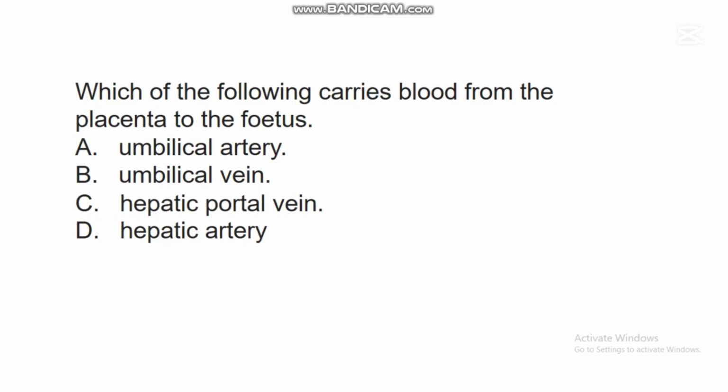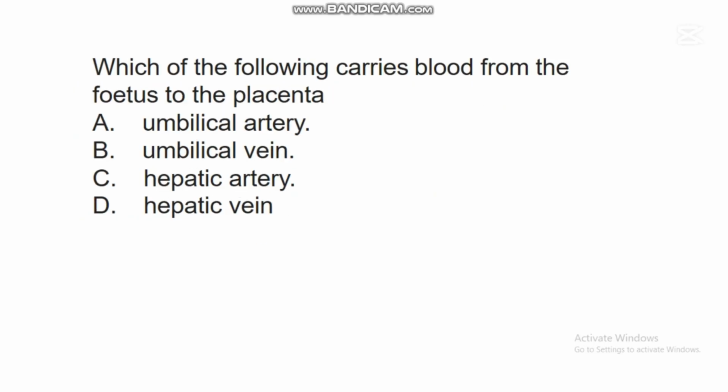In this question, the correct answer is B. Umbilical vein. This umbilical vein carries blood from the placenta to the fetus. The blood that is transported by this umbilical vein carries nutrients that the fetus needs for survival.